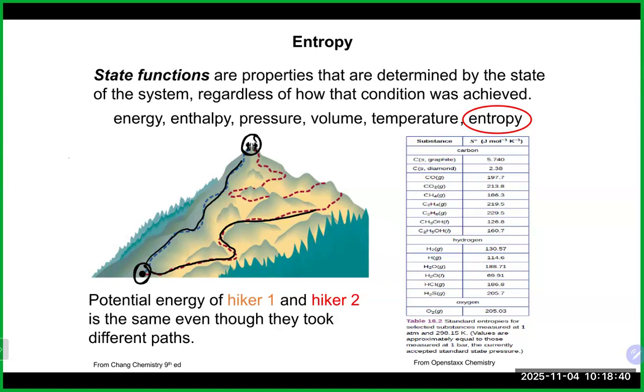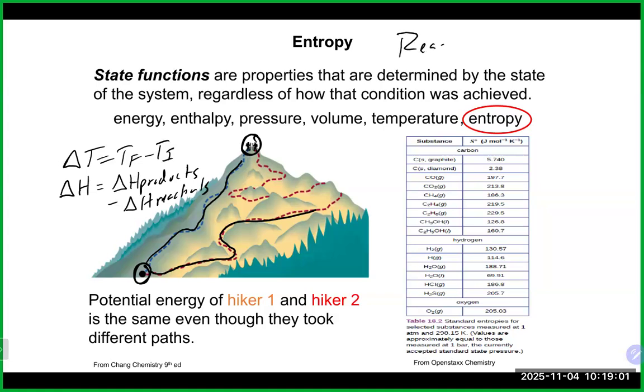That's why when we calculate a lot of things like change in temperature, we take our final minus our initial. We do change in enthalpy as the enthalpy of our products minus the enthalpy of our reactants. And that is because in a chemical reaction, right, we have our reactants that go to our products.